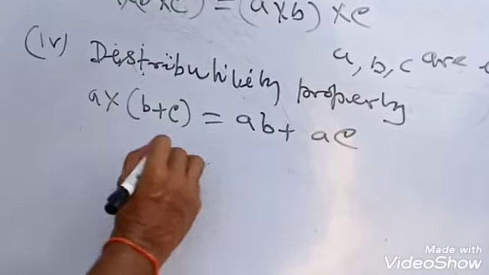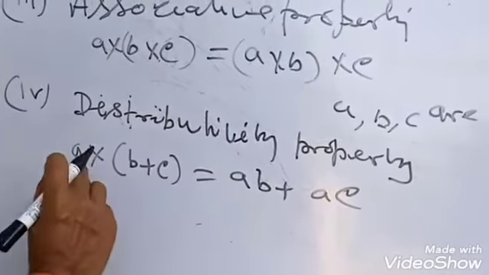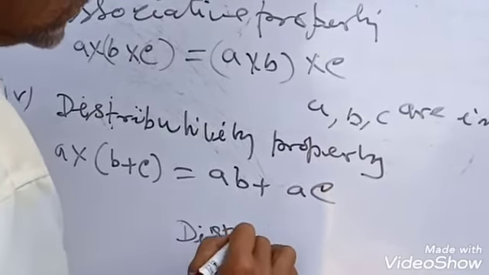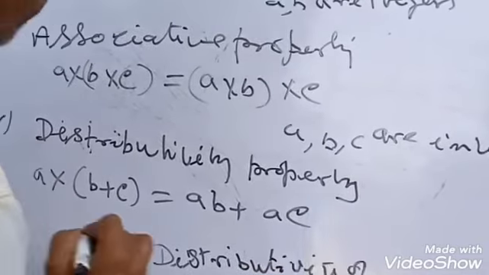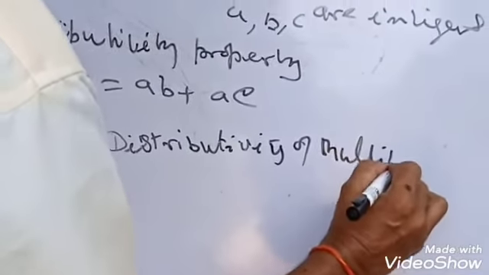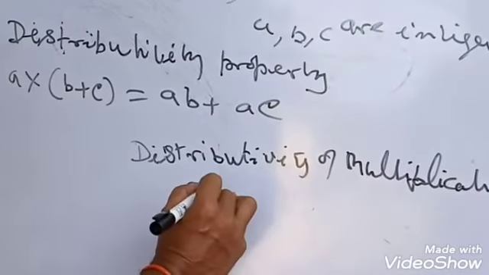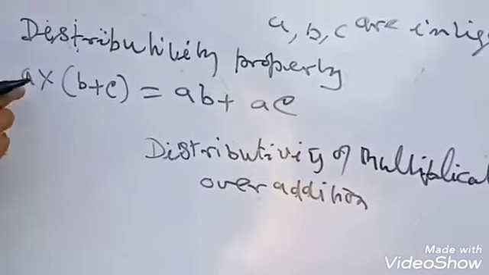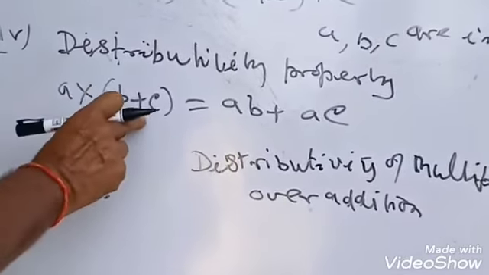This is distributivity, distributive multiplication over addition.